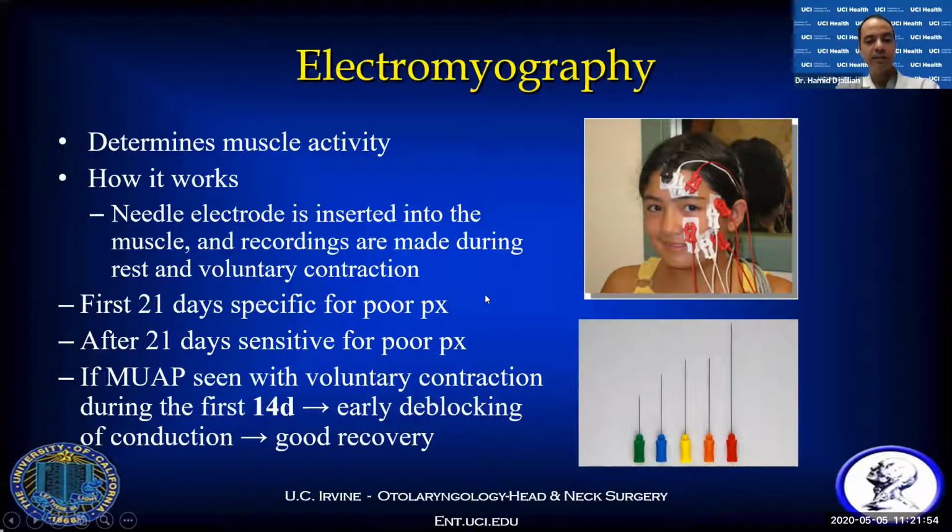So I said, well, let's test you. We did a needle EMG, and she had some motor unit action potentials, meaning that we know the nerve's intact and it's already deblocking, but you see no movement when you look at her. But you could detect tiny little bits of motion with the EMG electrodes.